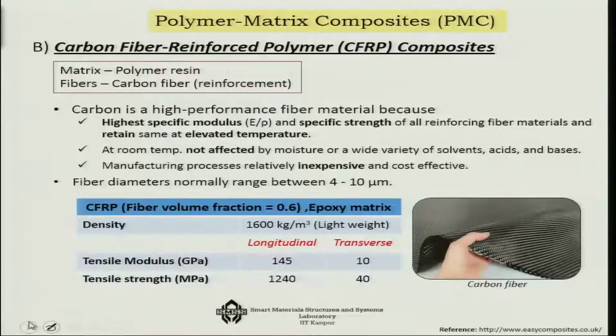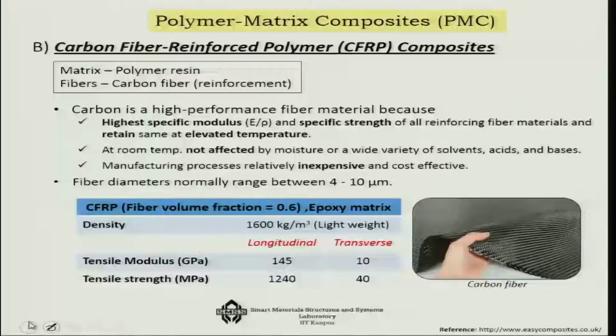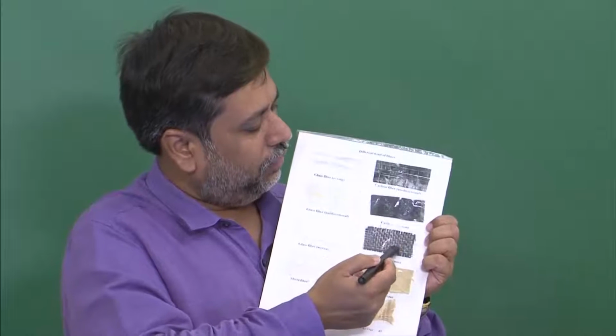The next composite, which has very high performance applications, is carbon fiber reinforced polymer composites. Carbon fiber, once again I will show you how it looks. These blackish things are the carbon fibers, and you can have them in various forms.